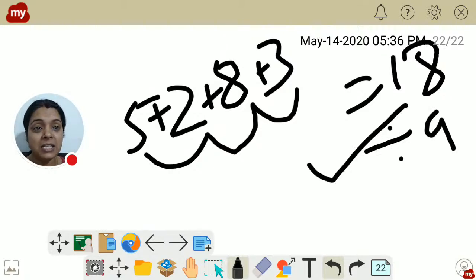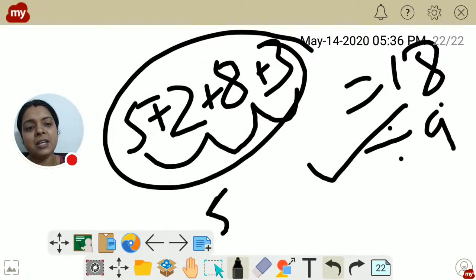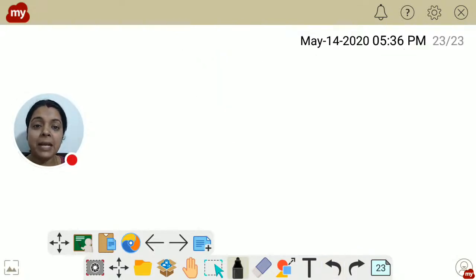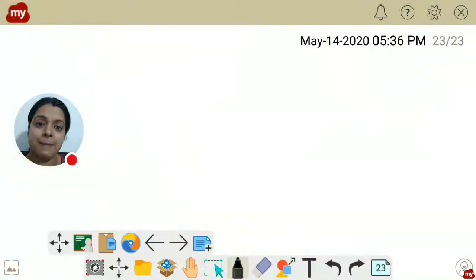If 18 is divisible by 9, so undoubtedly the whole number, which is 5283, is also divisible by 9. So keep in mind that the rule for 3 and the rule for 9 is the same. 3 also add all that and divide by 3. 9 also add all that and divide by 9, not by 3. Okay, add all that and divide by 9.